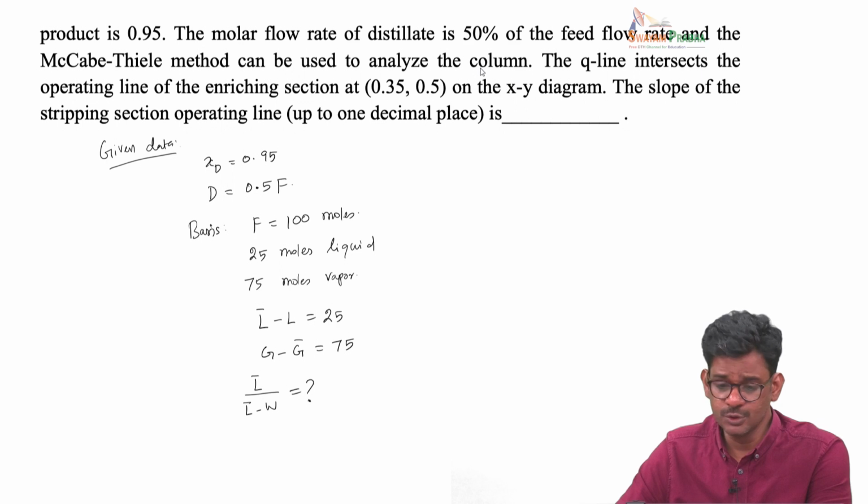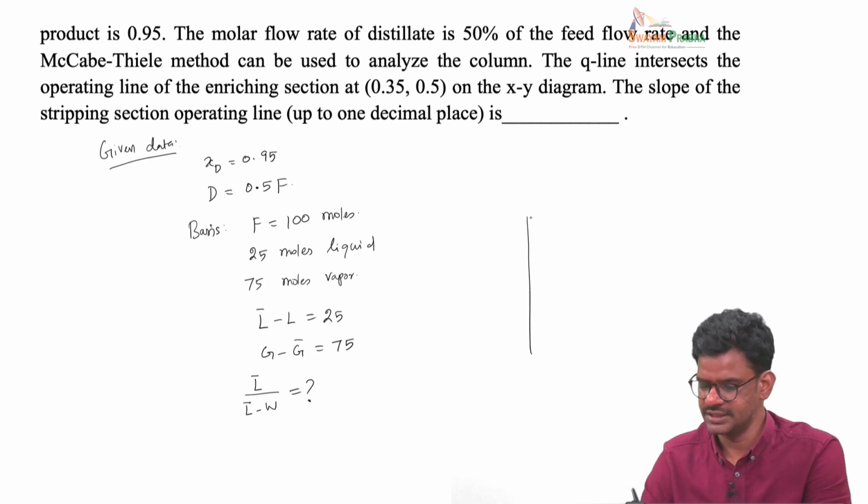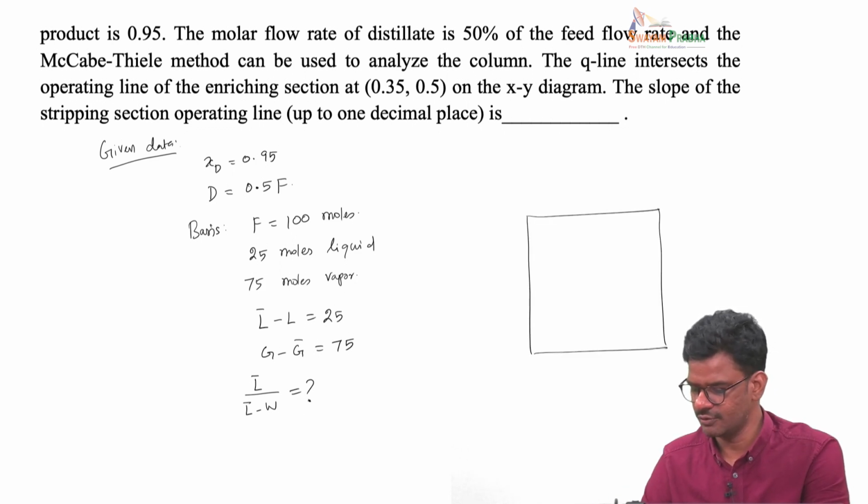And another useful piece of information given in this problem is that the Q line intersects the operating line of the enriching section at 0.35 and 0.5. So, what that means is, let us draw a schematic.